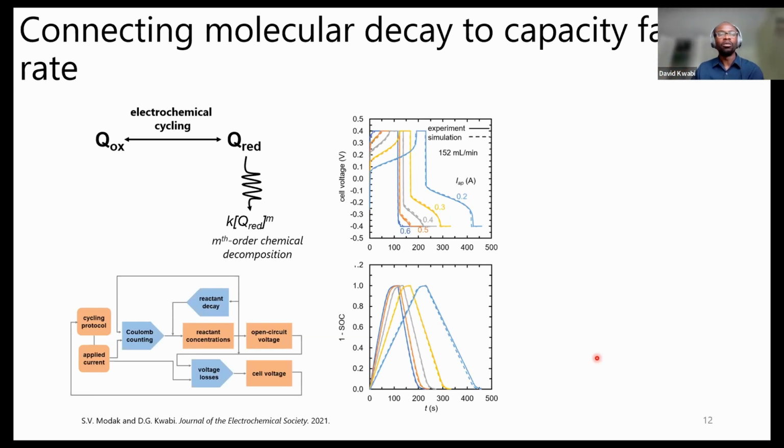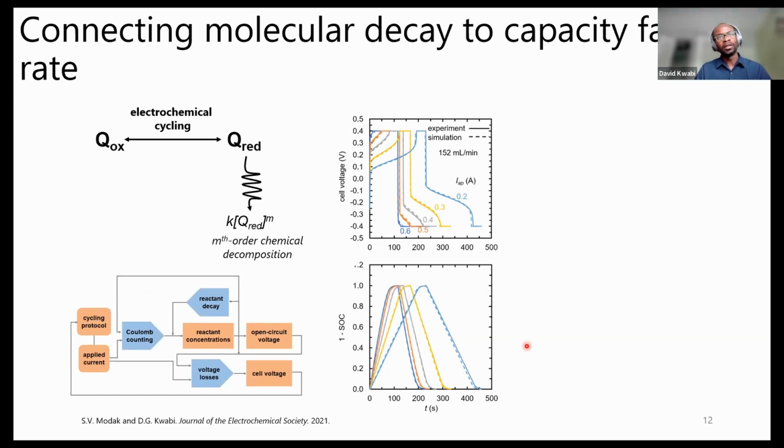So we've actually done a little bit of this work ourselves, formulating a zero-dimensional model that can take into account your cycling protocol and all the electrochemical parameters of your electrochemical cell. And then, in combination with what you know of the decay mechanism of the molecule, you can predict capacity fade under different conditions.